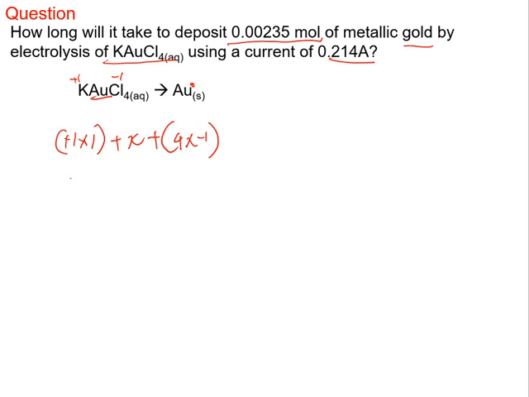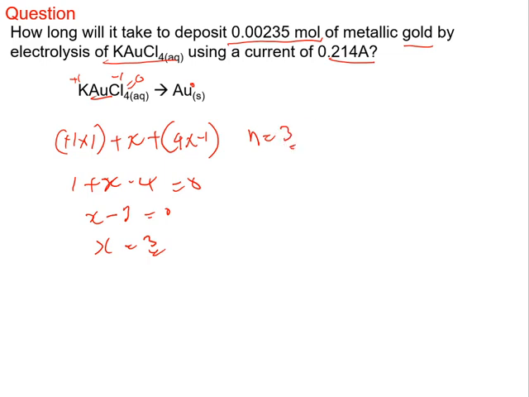So you have 1 + x - 4 = 0, because the charge of the molecule is 0. So x - 3 = 0, so x = 3. In short, the electron transfer n is equal to 3.